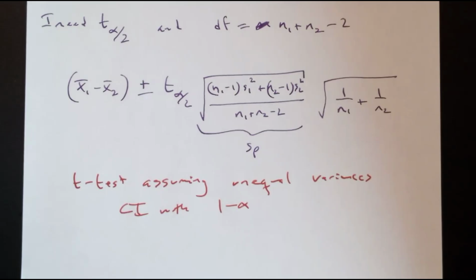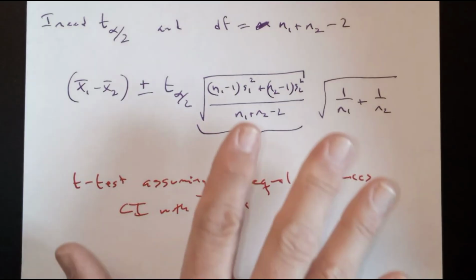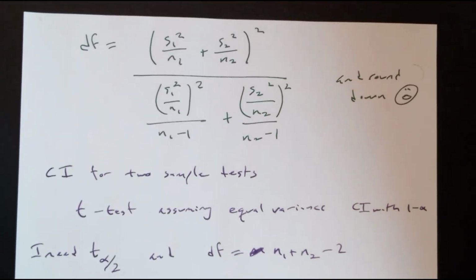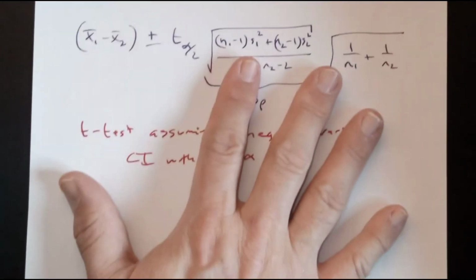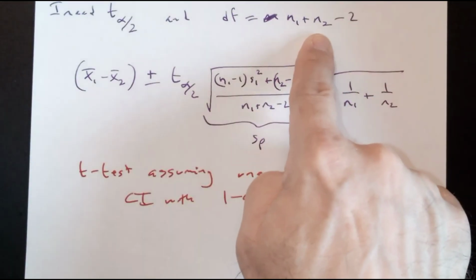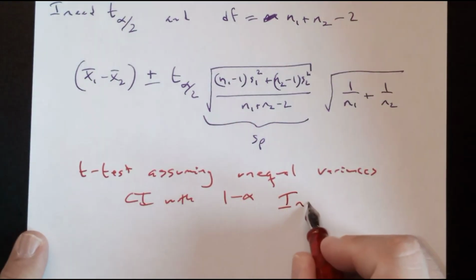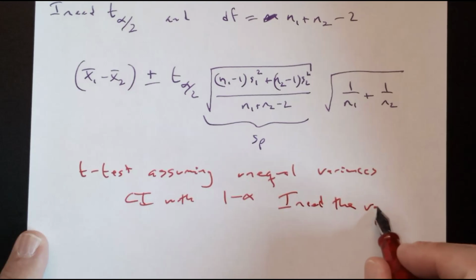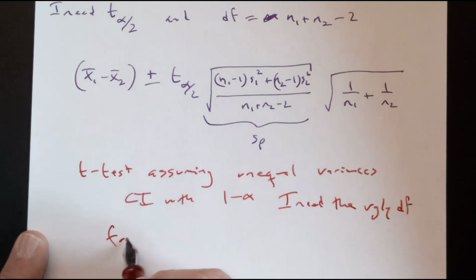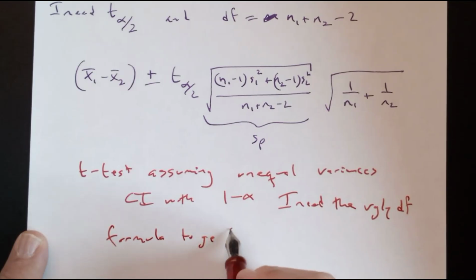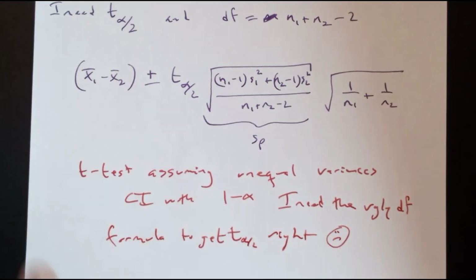That was just over 30 minutes ago. What changes is that ugly DF. I can't use this degrees of freedom anymore. I got to use the ugly version. But then when I have it, I can do something simpler.